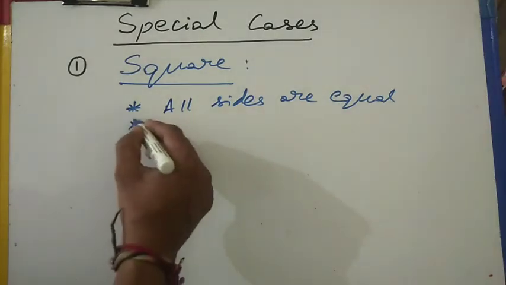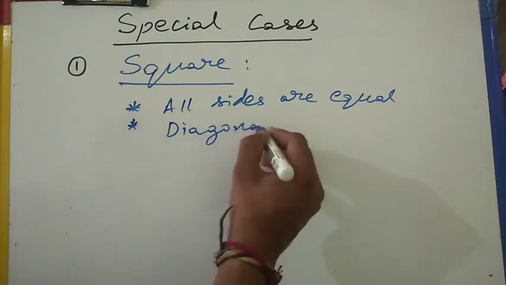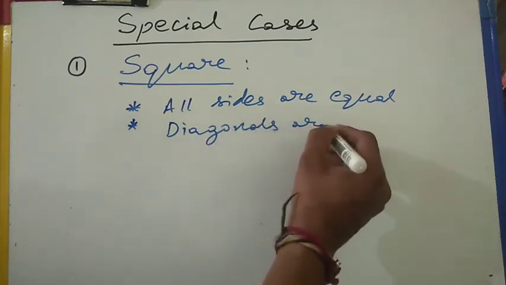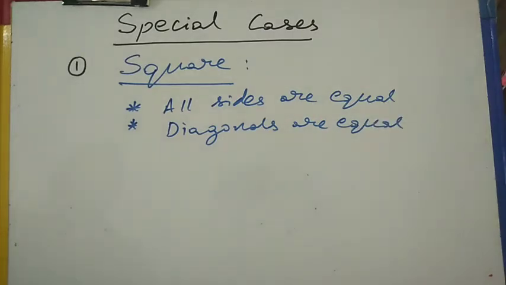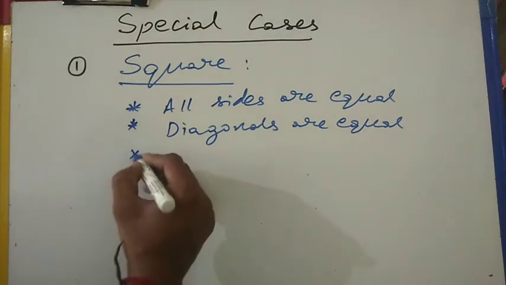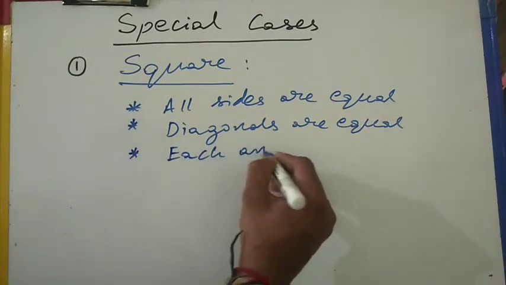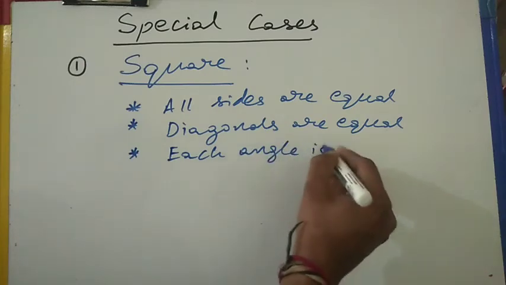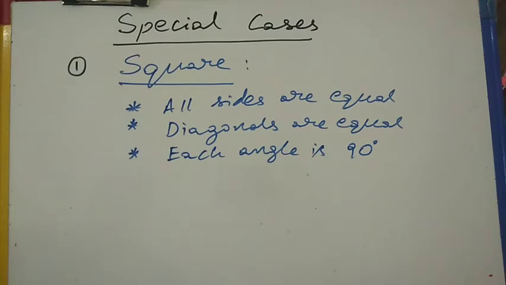Next, diagonals are equal. So, if I know the length of one diagonal, then I can say the length of the other diagonal also. Then each angle is 90 degrees, means right angle. So, if I know one angle, the rest of the three angles are known now.